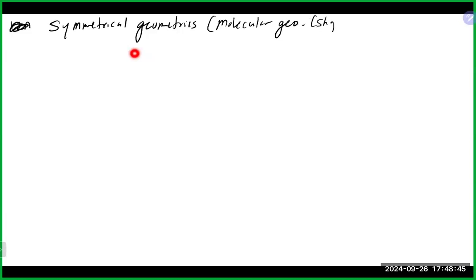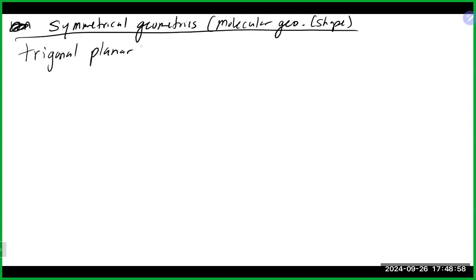We'll start with symmetrical geometries. And the geometries we're actually talking about here are the molecular geometries, or the shape. So some of the symmetrical geometries that we talked about are, try to remember, trigonal planar, and again, this is molecular geometries.